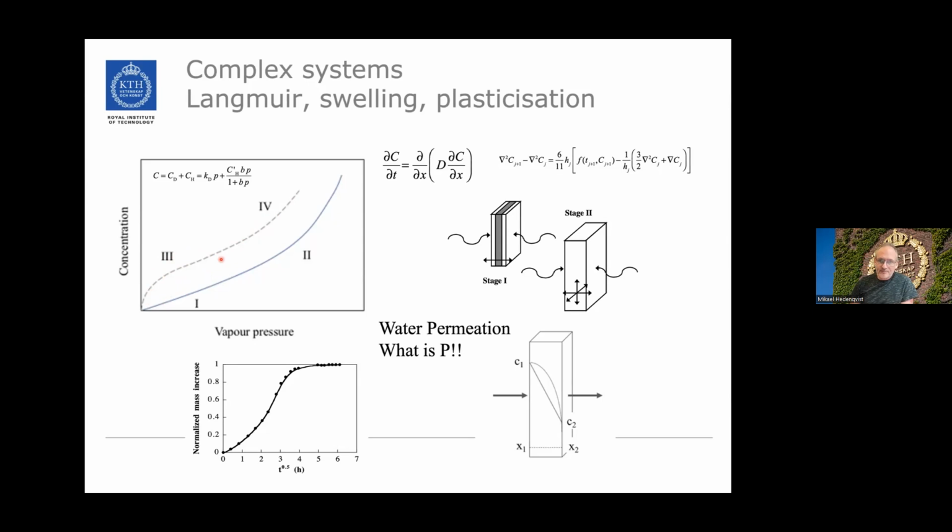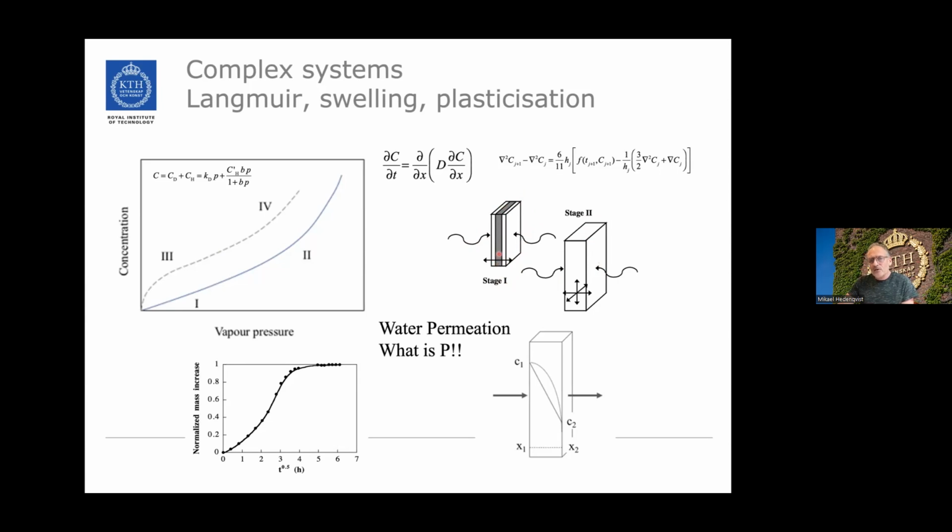For comparisons, for example, if you have a high uptake, if you put your sample, immerse it in a liquid, and you measure the uptake as a function of time, it's a very easy experiment. However, if the uptake is sizable, then you will see things happening to the material. You will have a one-dimensional swelling in the beginning because the middle part is not swelling and restricts the expansion in the perpendicular direction.